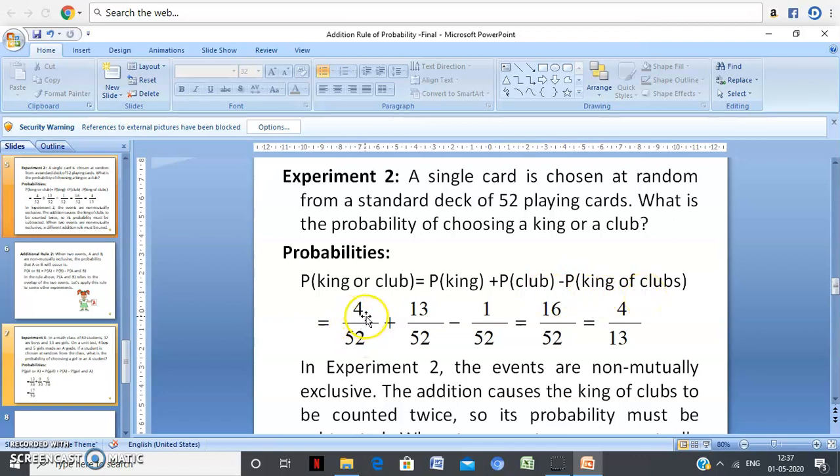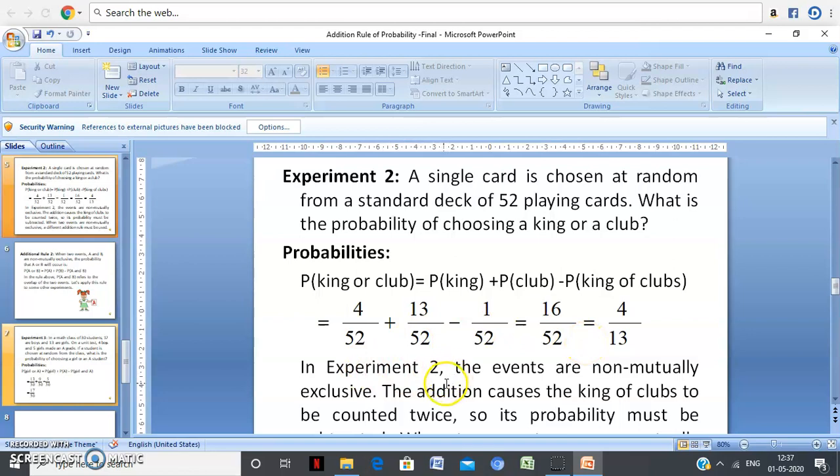There are 4 kings in a pack of 52 cards, so 4 by 52 plus 13 by 52 minus 1 by 52 equals 16 by 52, which comes to 4 by 13.